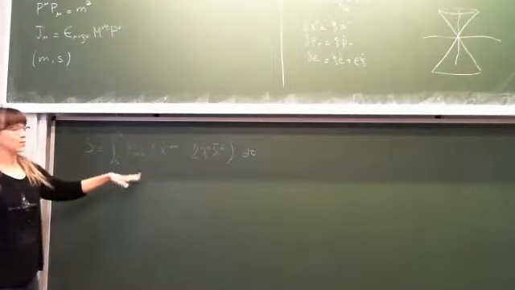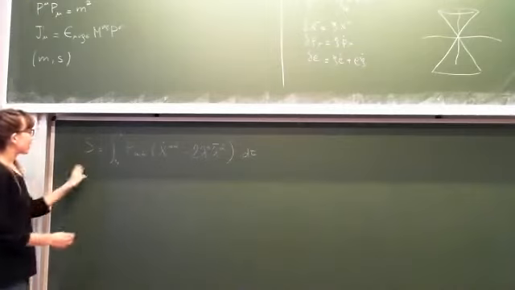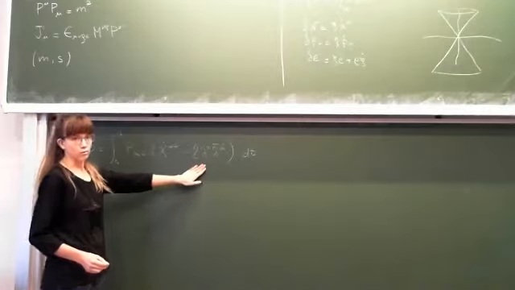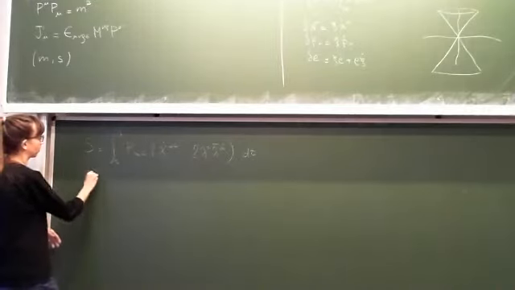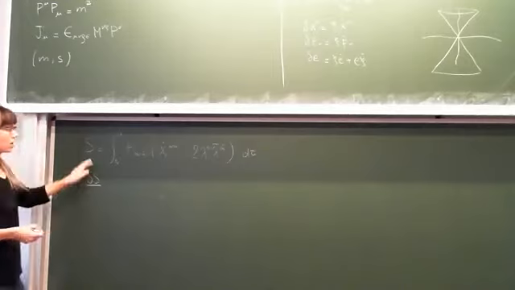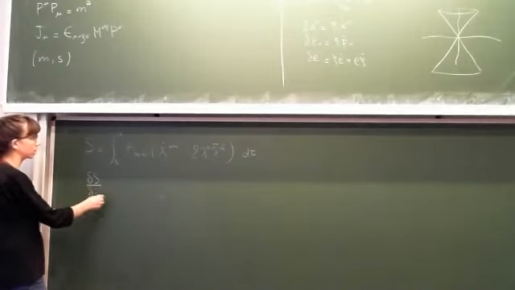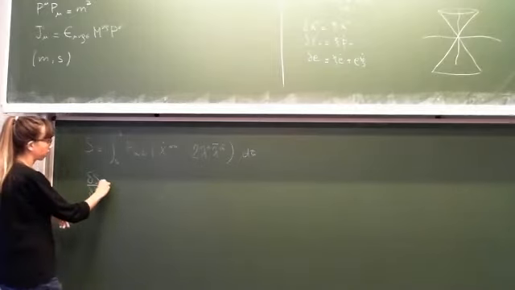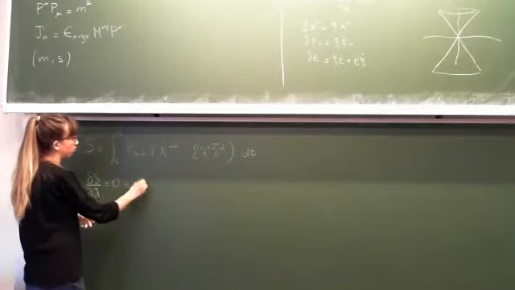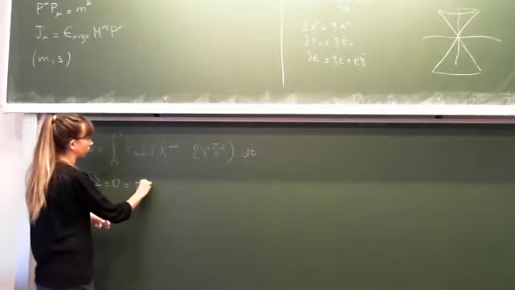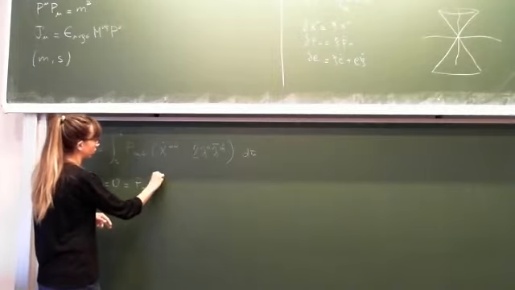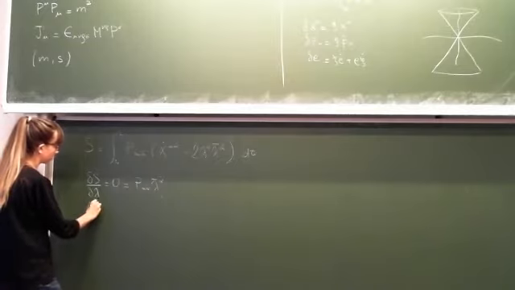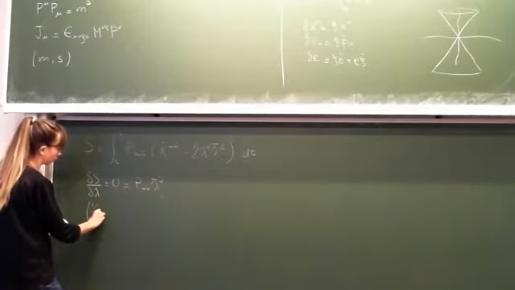You can think of your fields as having 2 spinor indices, and moreover, by calculating the equations of motion, so by setting the variational derivative of S with respect to the fields to 0, and in particular with respect to lambda, you will see that P alpha dot alpha has to be 0, and the same is true for the complex conjugate.